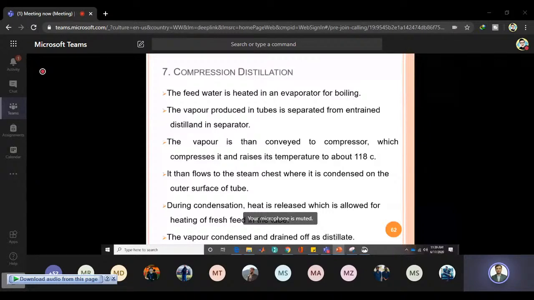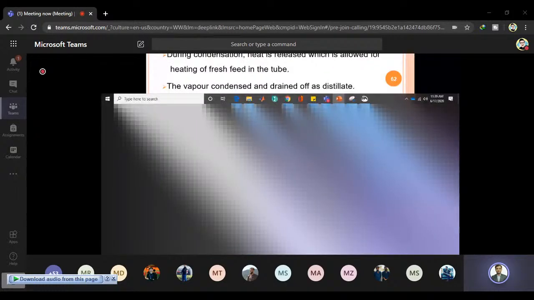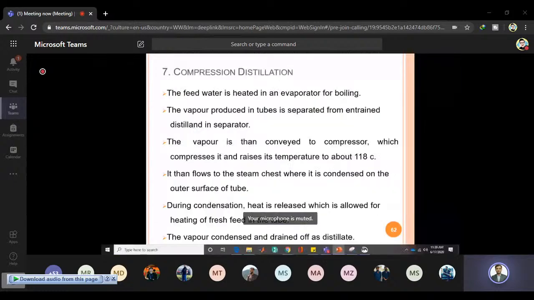The vapor is then conveyed to compressor, which compresses and raises its temperature to 118 degrees C. Then it flows to the steam chest, where it is condensed on outside surface of tube. During the condensation, heat is released, which is allowed for heating of fresh feed of the tube. The vapor condensed and drained off as distillate.